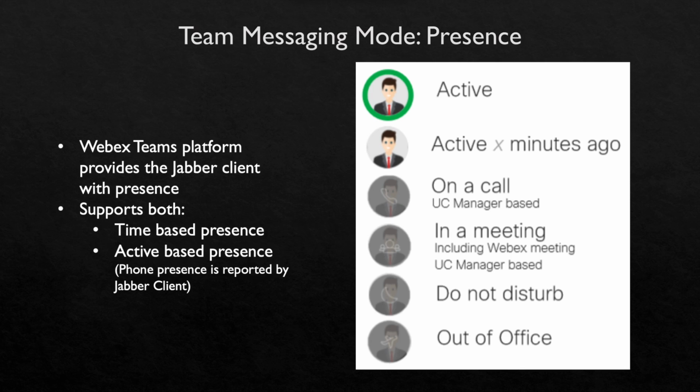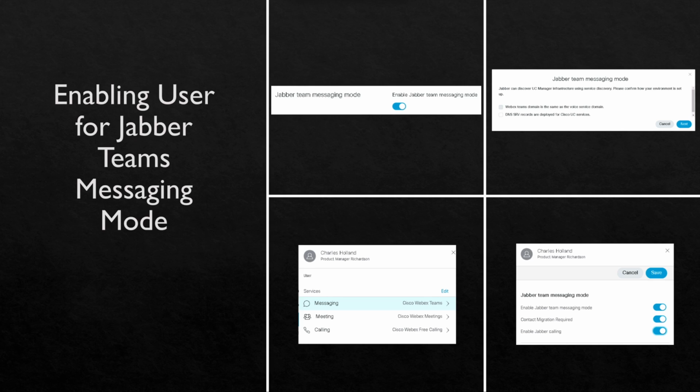So if a user jumps in a meeting or changes their presence status to do not disturb, other users will be able to see that instantaneously. That change happens automatically.